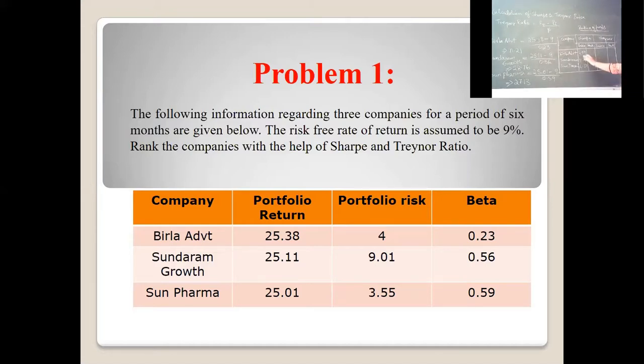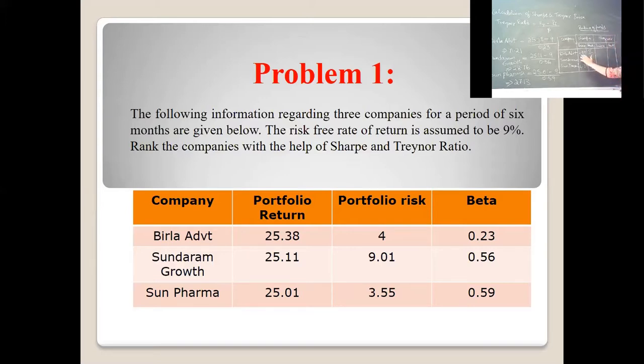Higher the index proves that the returns are higher for a particular security. According to the Sharpe index, you will rank Sun Pharma as giving the first returns. Second, Birla Advantage is generating a better return, and Sundaram is giving you the least returns.